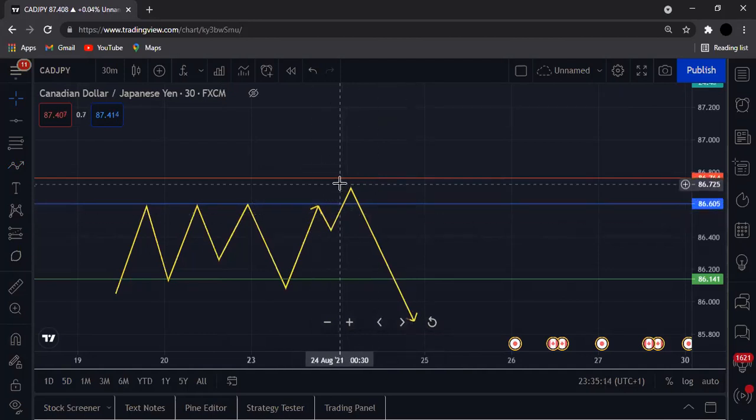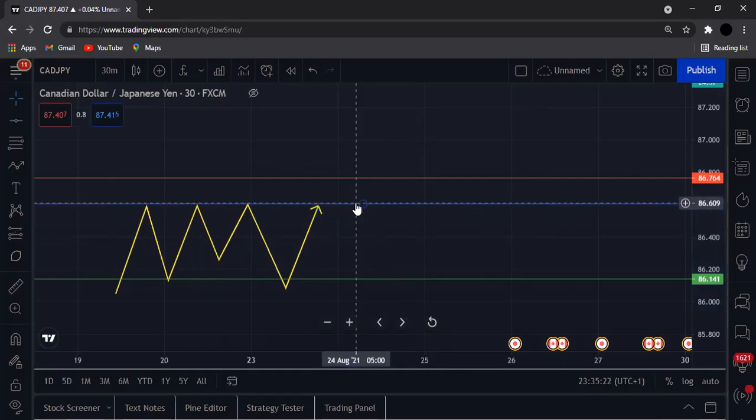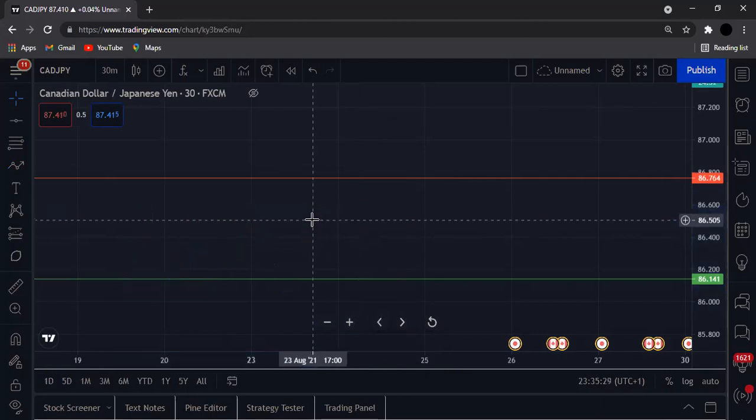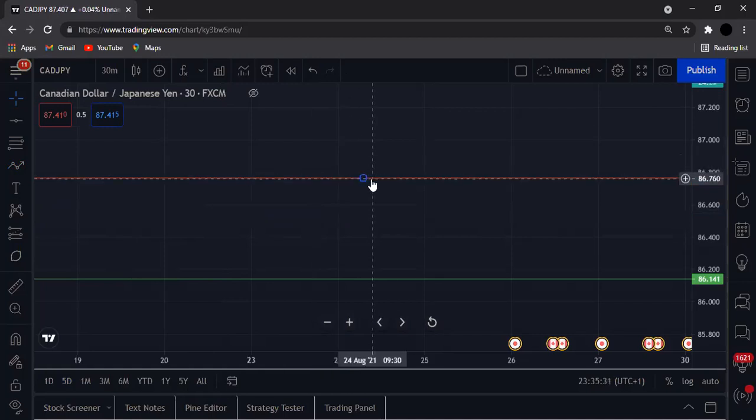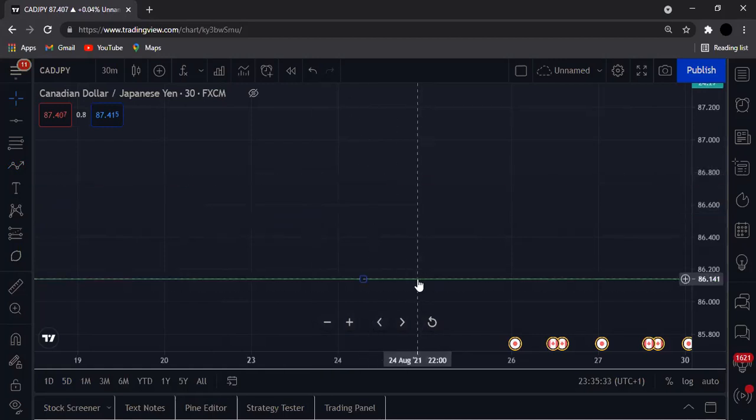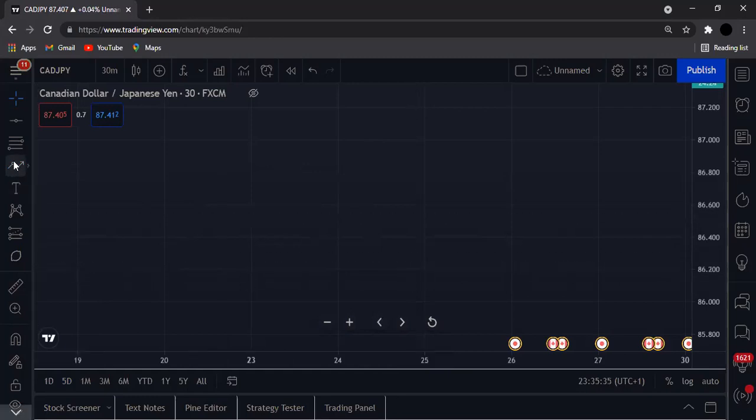That's why people get caught out of the market and eventually you see the market going in your direction, because their stop loss was too tight, too close. The same thing goes for the supports. Let me show you that.